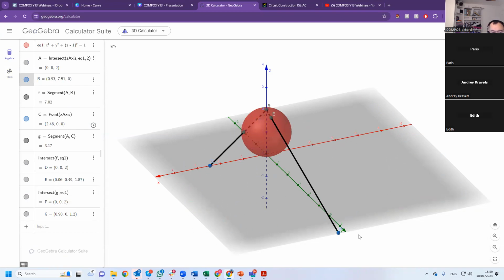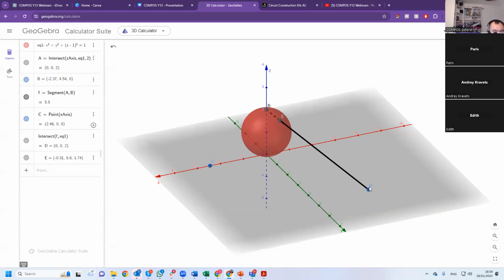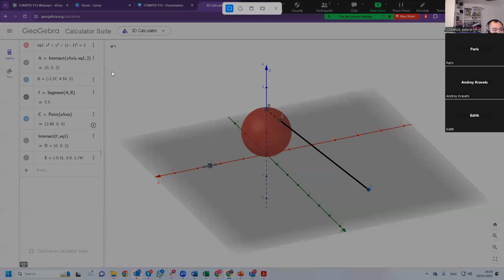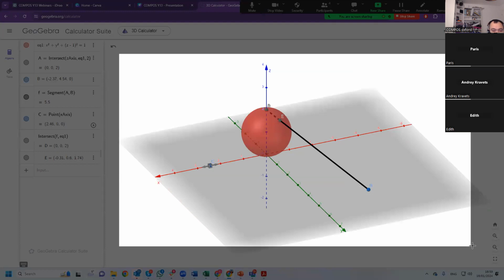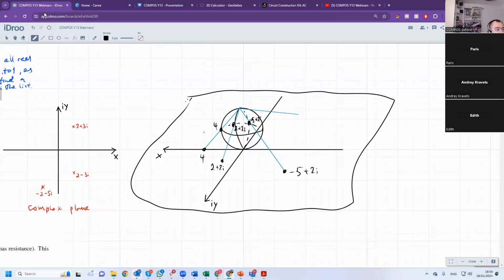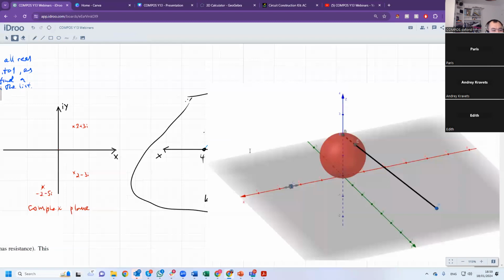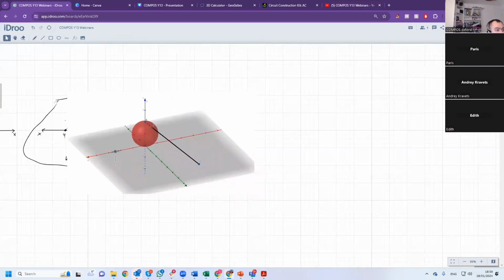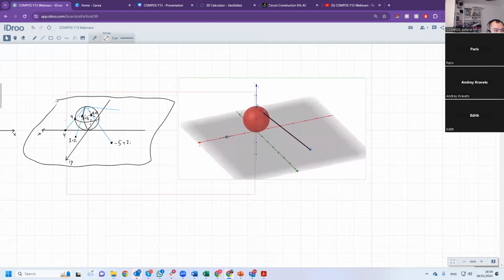So hopefully that makes sense? Every point on the complex plane.